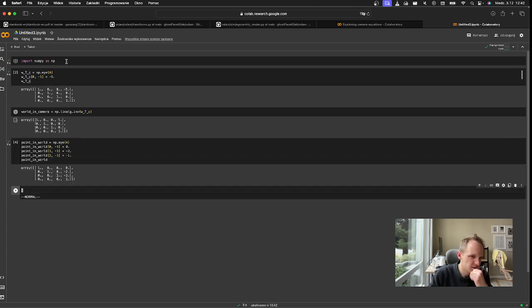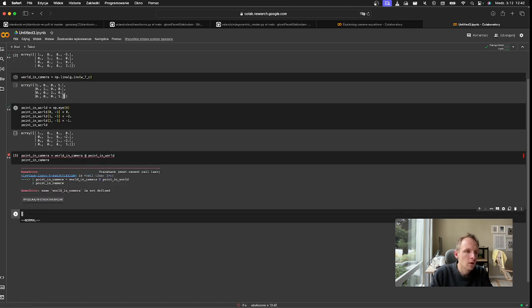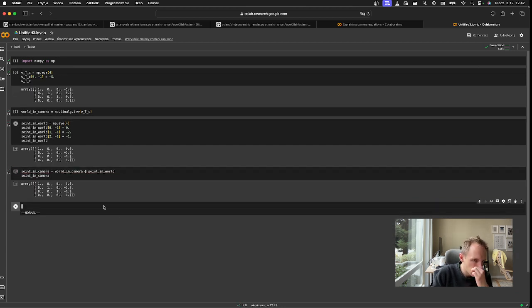This looks as expected, and then point in camera equals world in camera times point in world, and then point in camera is... so x is 5, this is as expected, and then y, z is -2, -1. So that's awesome. That's exactly what we would expect.